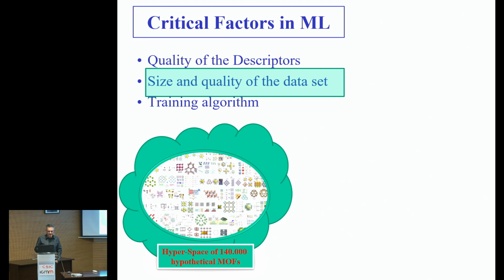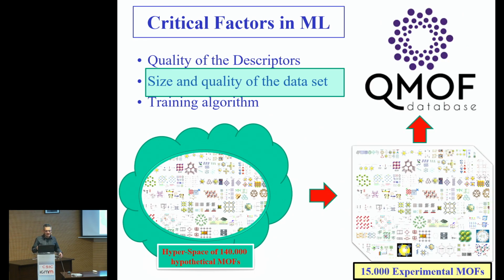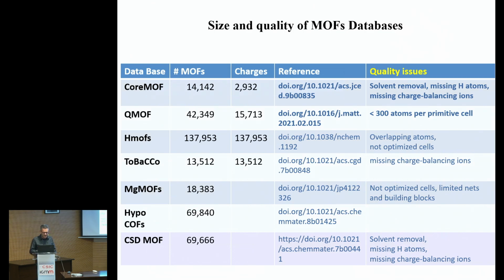Another important thing is the size and the quality of the data set. In MOFs there are now many different data sets available. One is the CoRE database from Cambridge, which has experimentally ready MOFs, and then the QMOF, which uses MOFs from the database that are optimized with quantum methods. So there are a lot of databases. The problem is that each database has significant problems.